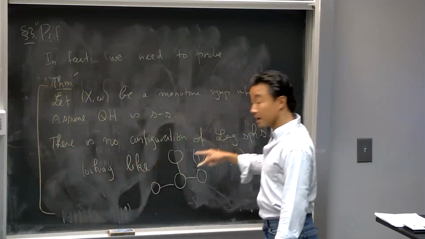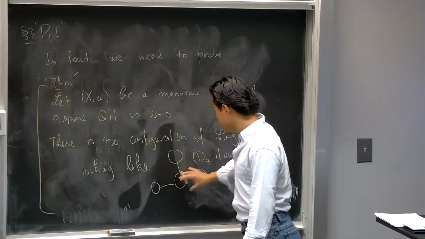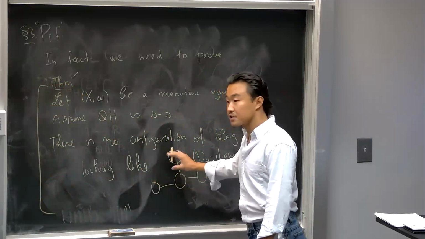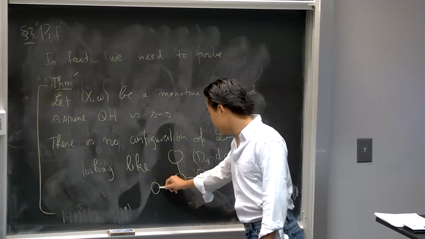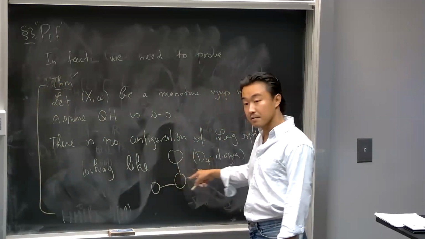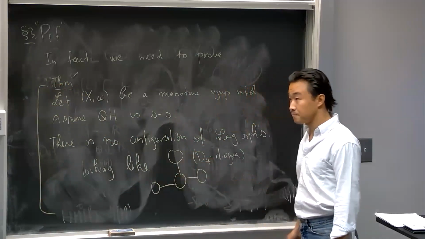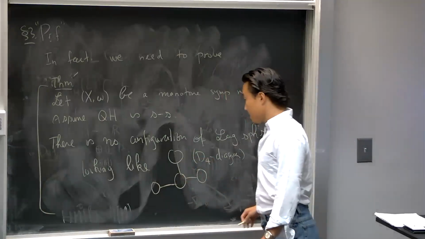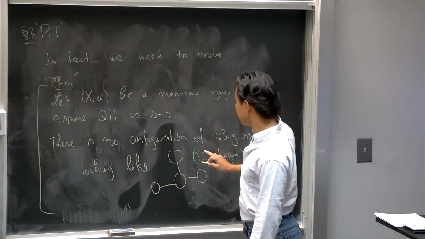This looking like means you cannot have a collection of Lagrangian submanifolds intersecting at one point transversely in this way. Okay.